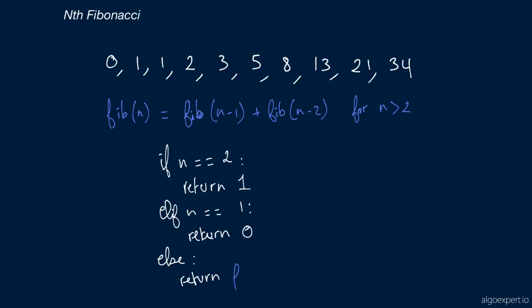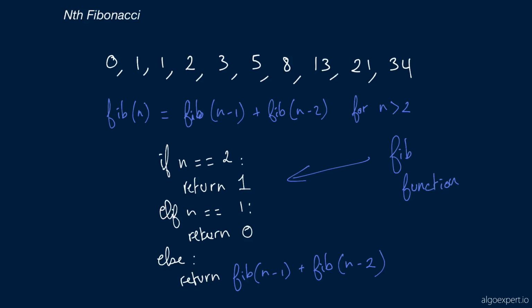So we can return fib of n minus 1 plus fib of n minus 2. And this entire thing here can be our fib function, which just takes in an integer n.